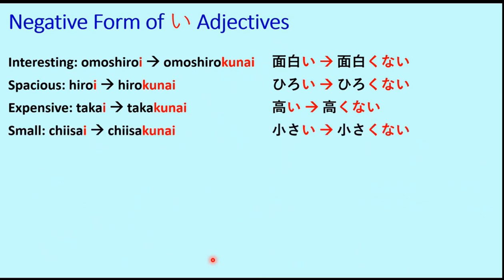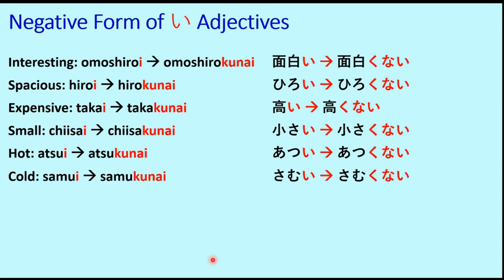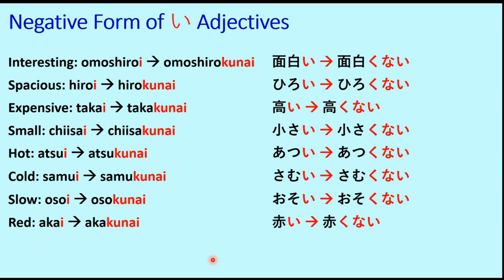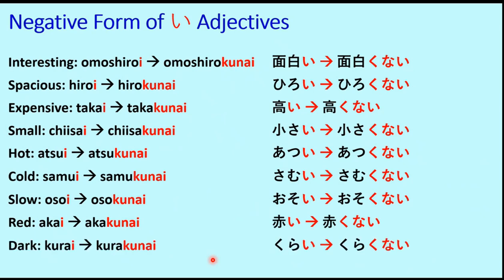Small, chisai, chisakunai, or chisaku arimasen. Hot, atsui, atsukunai. Cold, samui, samukunai. Slow, osoi, osokunai. Red, akai, akakunai. Dark, kurai, kurakunai, or kuraku arimasen.